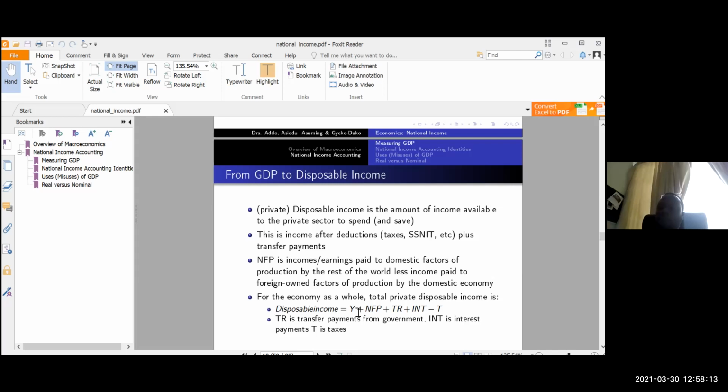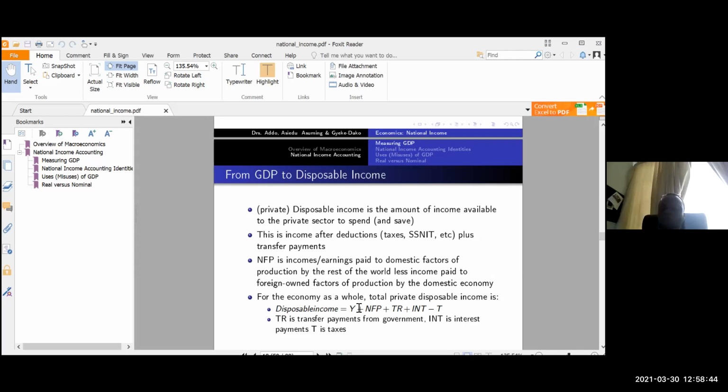If it's at the individual level, it's your income. If it's at the country level, it's our GDP, plus the net factor payment from abroad, plus your transfer payments. So any transfers from government to the private sector or the households will be an addition. And if you get any interest payments on any investment, it becomes part of your income.